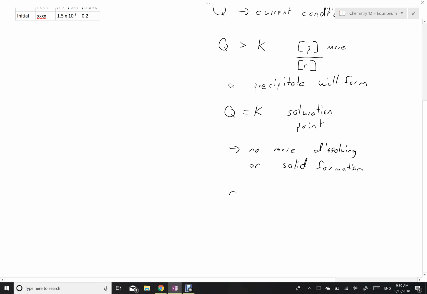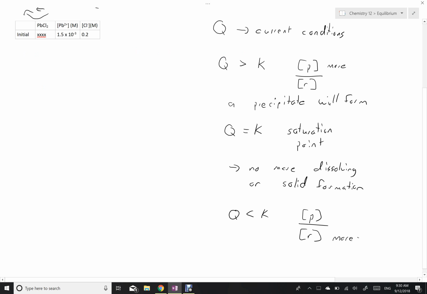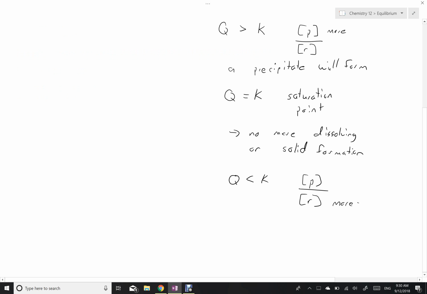And finally, Q is less than K. This would mean that we have more reactants than we would expect to have at equilibrium. Or the proper way to think about this one, because the reactant concentration is not variable, is less products.